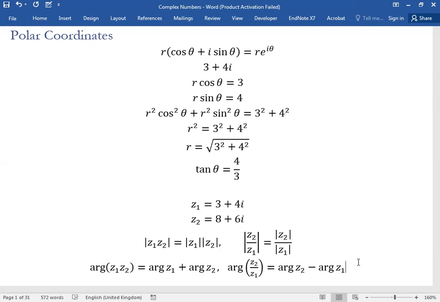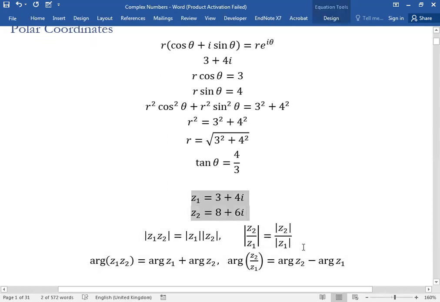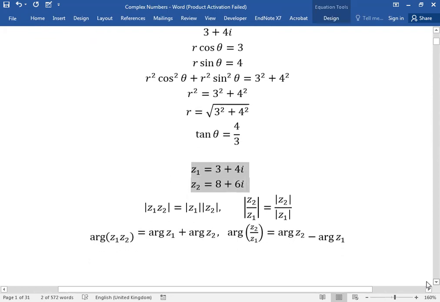Is this clear, class? Again, this is just an example that I've given you. You can use this example to verify all these relationships, and you'll understand that yes, you're getting the same answer for all of them.